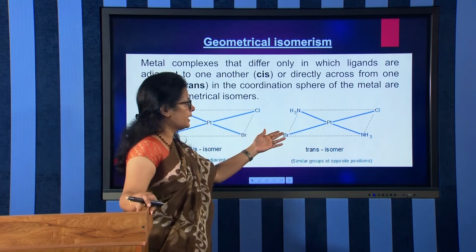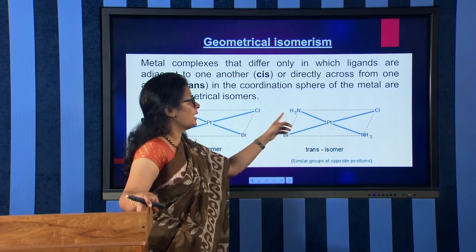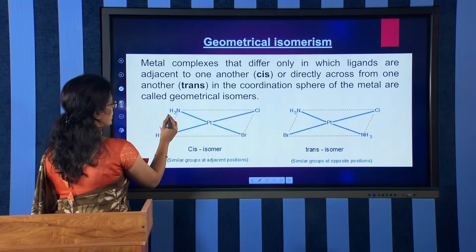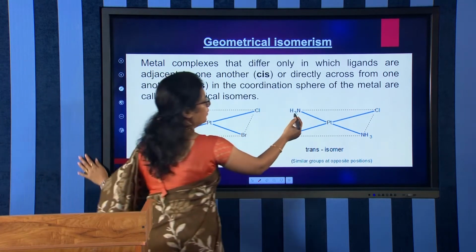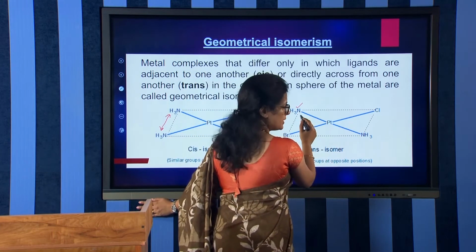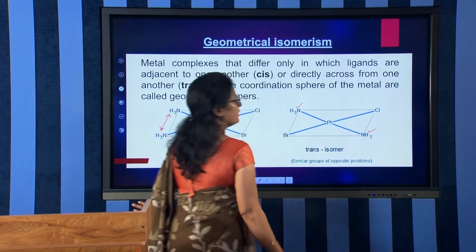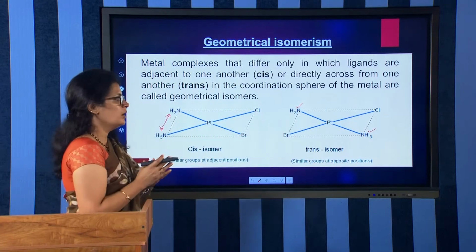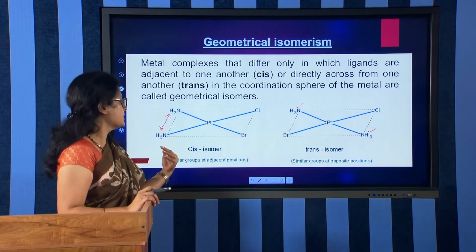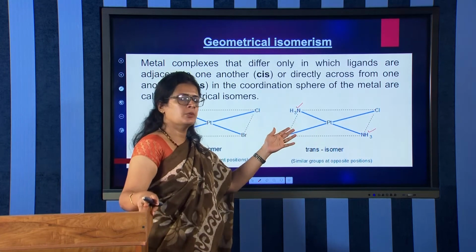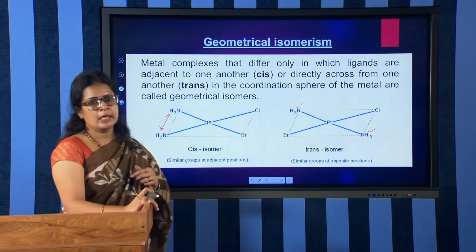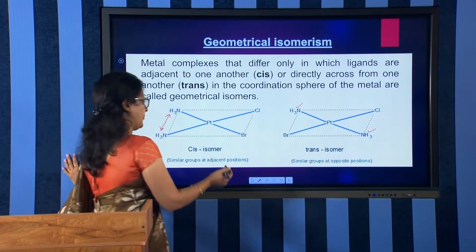But see the second example, where the ammonia ligands are opposite. This ammonia molecule is here, and the next ammonia molecule is opposite to the first ammonia. So it is called a trans isomer. If they are in cis position, it is a cis isomer. If they are in trans position, they will be the trans isomer. This type of isomerism is called geometrical isomerism.